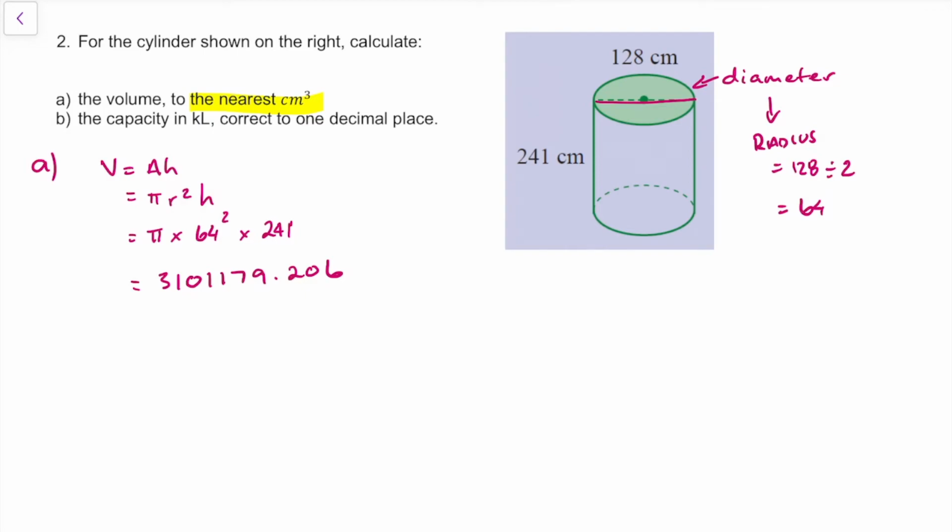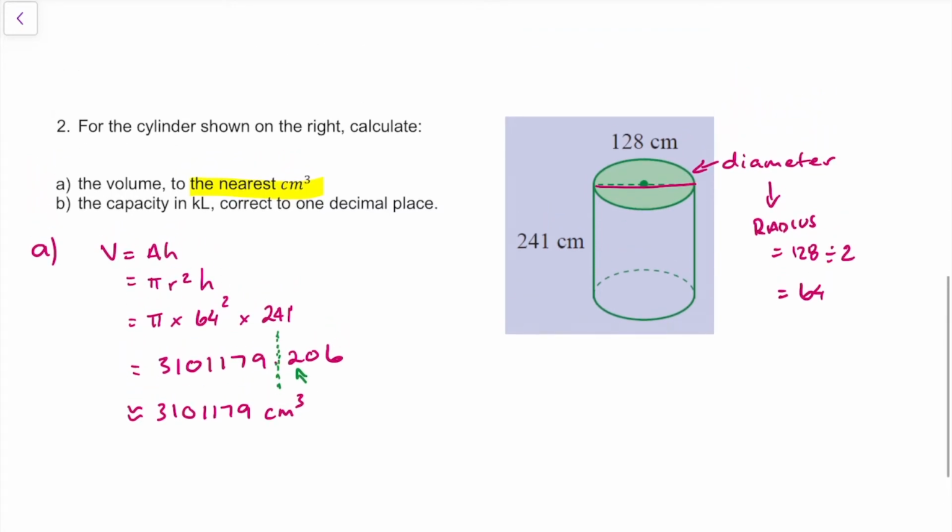So let's find where the whole number stops. That's right over the decimal point. Look at the next number. This one's in the 4 or below category, so it can all just stay the same. So 3101179 centimetres cubed is our approximation.